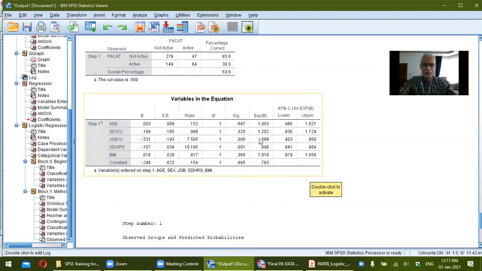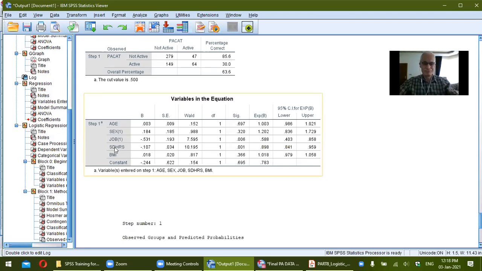It means the category, compared to the reference value, is protective. Here the reference category was non-teaching, so the teaching category is protective against being inactive.